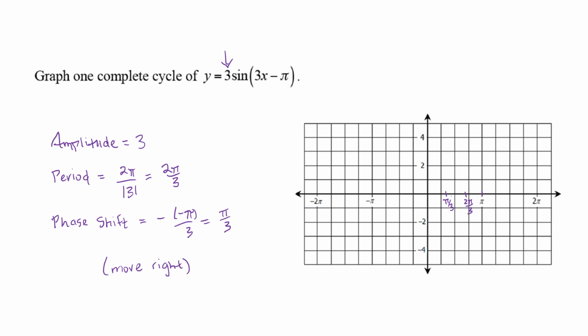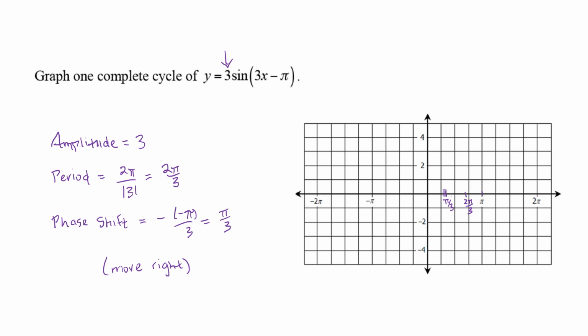So I know that a whole period is going to happen within 2 pi over 3. And my graph shifts to the right pi over 3. So if I was just drawing this originally, I would be starting at the origin. But since my graph is shifted, I'm now starting at pi over 3. So that's where my point that would have been 0, 0, is now located.